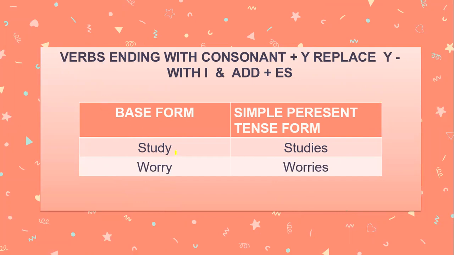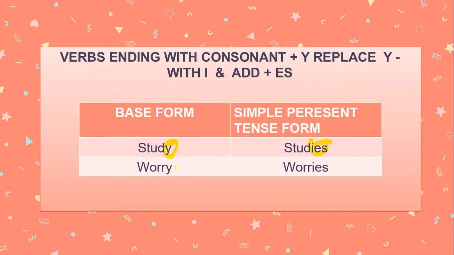Here the base form is study. It's ending with y. If we are forming the simple present tense, we have to replace y with ies. So it becomes studies.